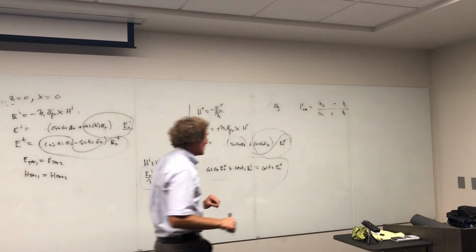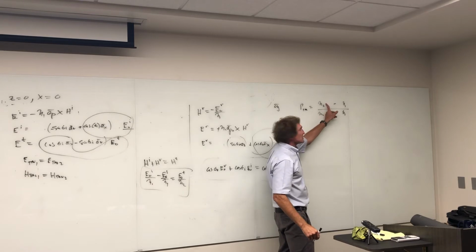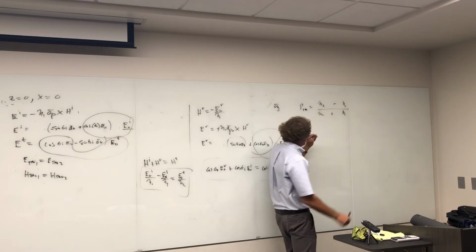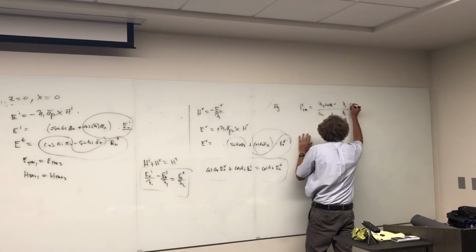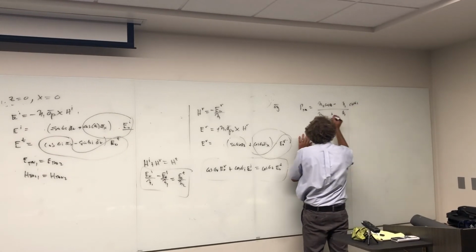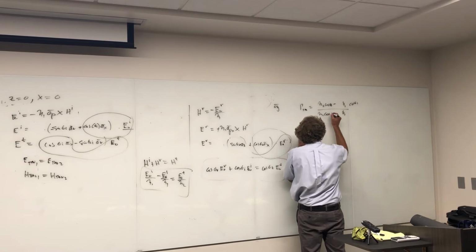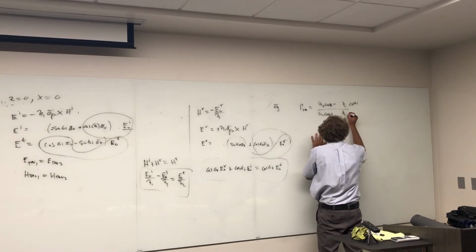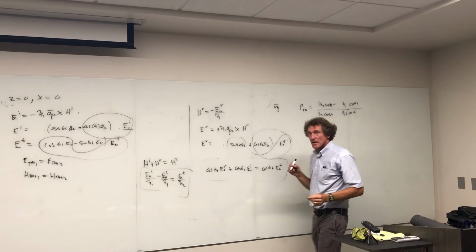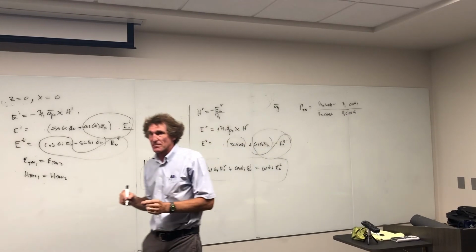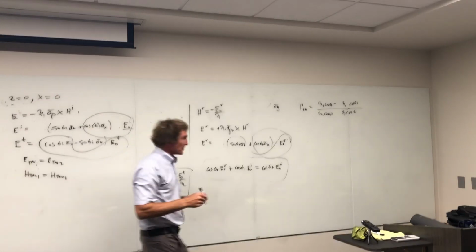What's different now, before with TE, that was a cosine of theta incident. For this one, it's cosine of theta transmitted, and this is cosine of theta incident. This is cosine of theta transmitted plus N1 cosine of theta incident. Follow me? That's the reflection coefficient. There's a very important thing we're about to see.